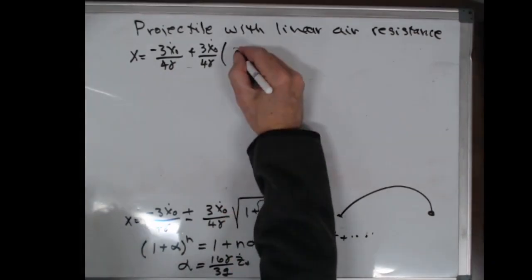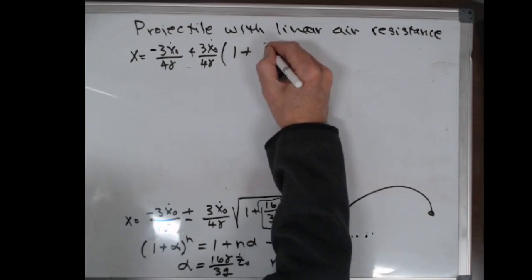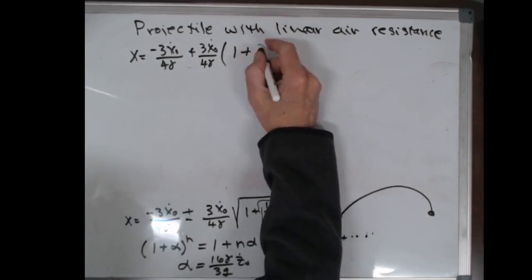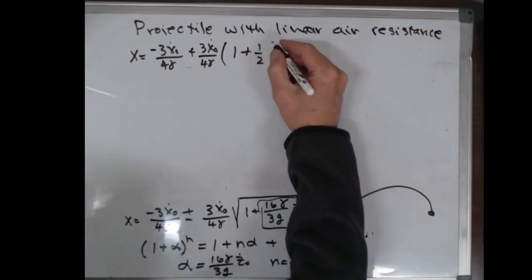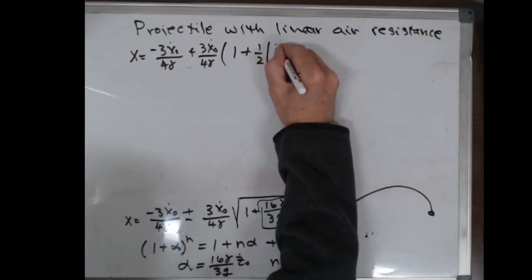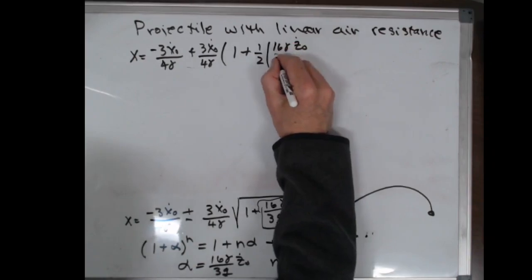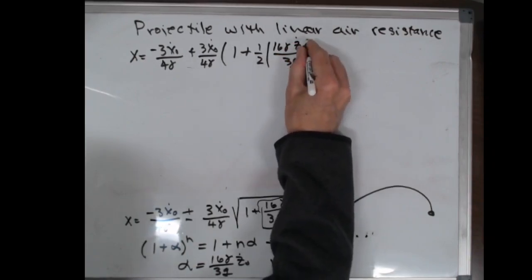That's the exponent on this thing, right? And so this is times 1 plus n, which is 1/2, so it's 1/2 times the thing I'm calling alpha, which is 16 gamma z naught dot over 3g.